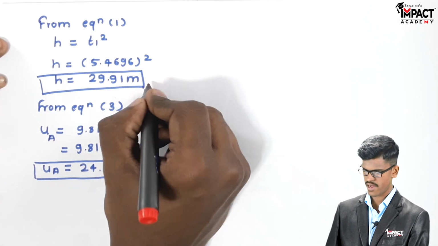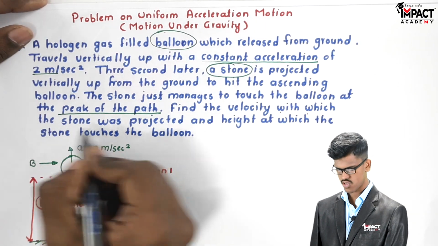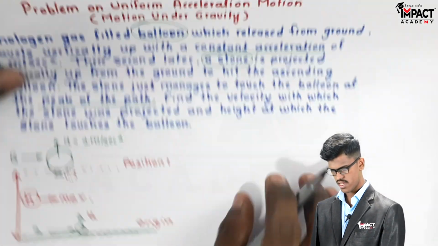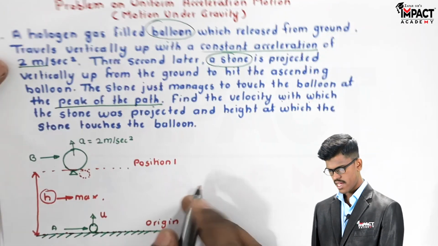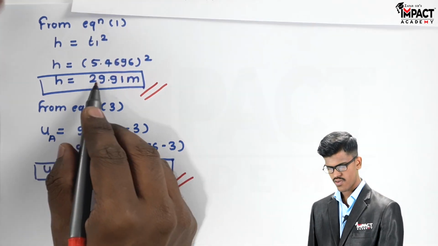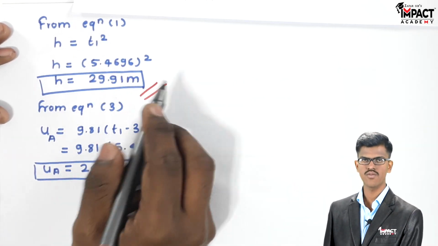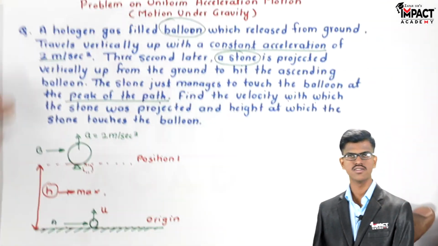This is our final answer. So the velocity with which the stone was projected is 24.22 meter per second, and the height at which the stone touches the balloon is 29.91 meter. That's our final answer. Thank you.